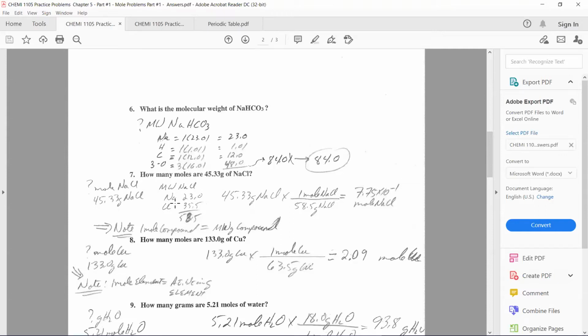For chlorine to 3, 35.5, and it adds up to 58.5. So that's the molecular weight of sodium chloride. 1 mole of sodium chloride equals the molecular weight, which is 58.5 grams. And now grams of sodium chloride divided by grams equal 1. I'm left with moles, 4 significant figures, 3 exact number. Here's my answer to 3 significant figures.